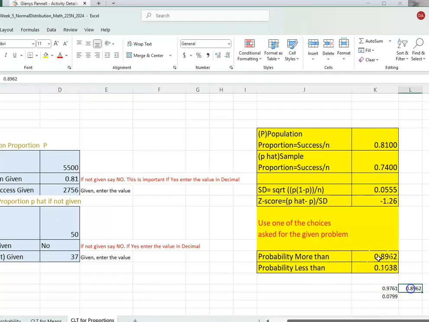And that's 0.8962. So the rest of it has to be in between 35 and 37. If 0.89 is more than 37 out of that total 0.97, the rest of it, and just doing subtraction here, 0.9761 minus 0.8962 gives you how much is in between 35 to 37.